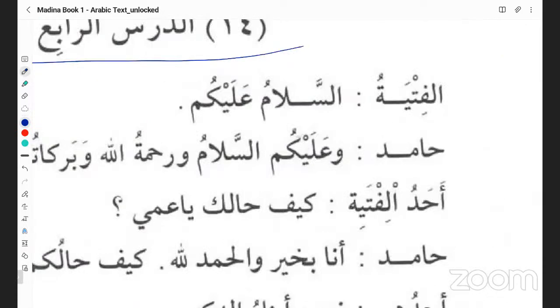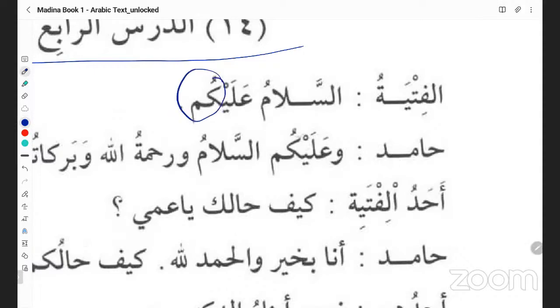So there's a conversation between al-fityatu and Hamidun. Remember, al-fityatu is the plural of the word al-fata, young boys. Okay, so it says there, assalamu alaikum. We spoke about this before. Why do we say assalamu alaikum?